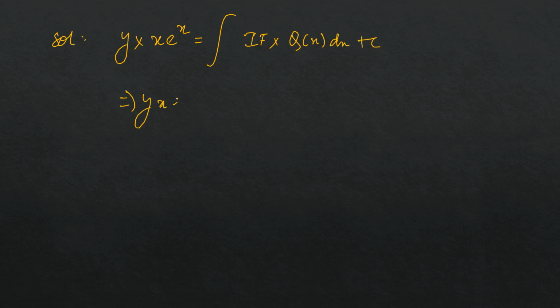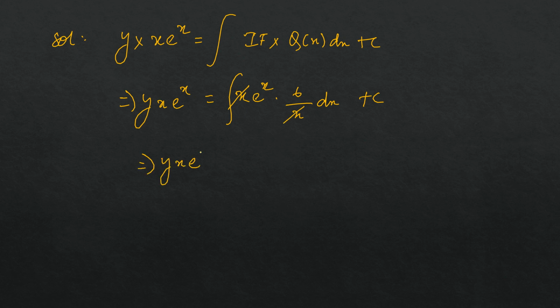So y x e^x is equal to the integral of x e^x into Q(x), Q(x) is 6/x, dx plus c. So y x e^x is equal to 6 e^x plus c. Yeah, this is the equation.